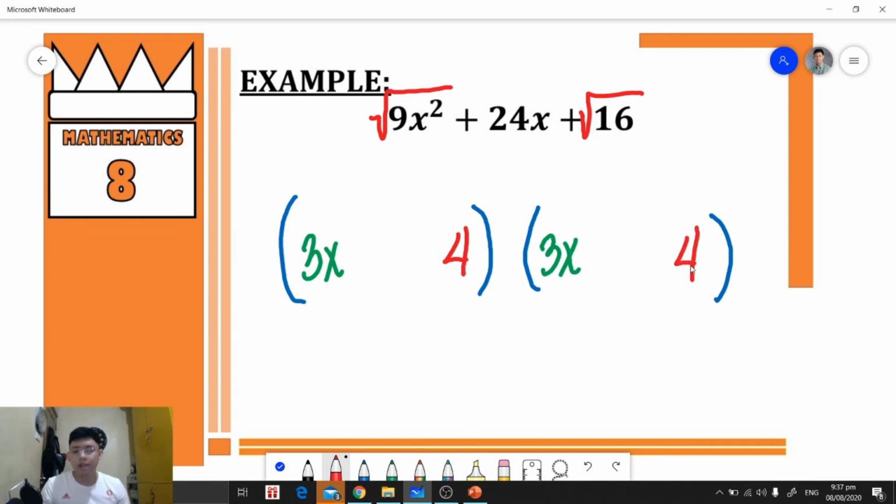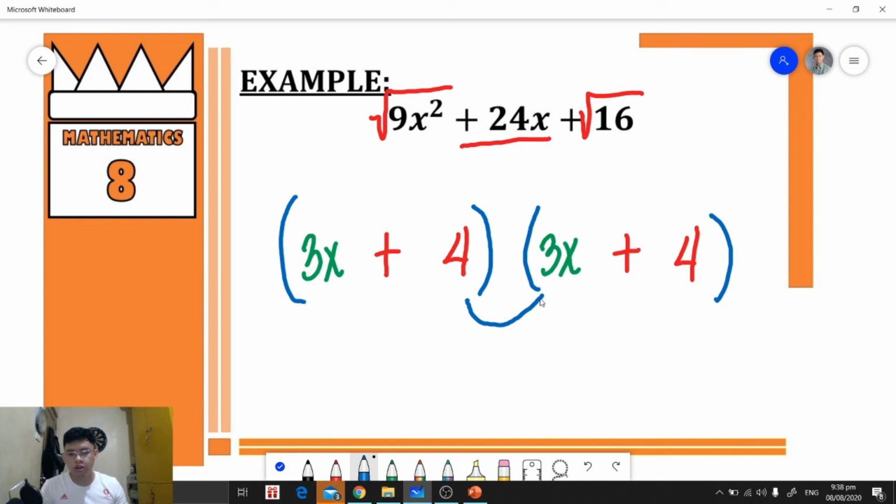After that, third step, we are going to look at the middle term. What's the sign of the middle term? It is positive. So we're going to copy the sign of the middle term, which is positive. To check if our factor is correct, we are going to multiply the square roots of the first term and the last term.